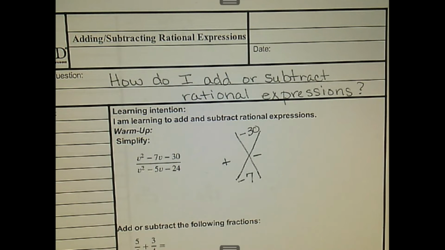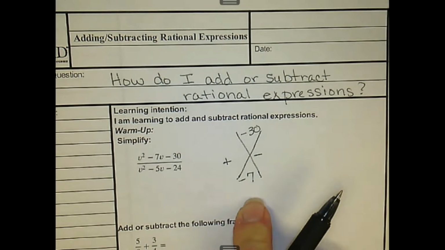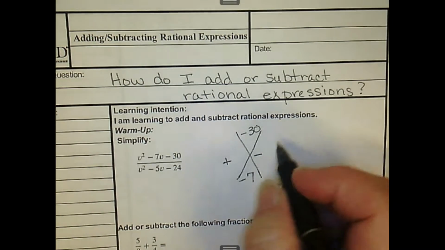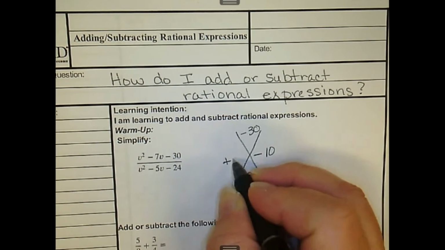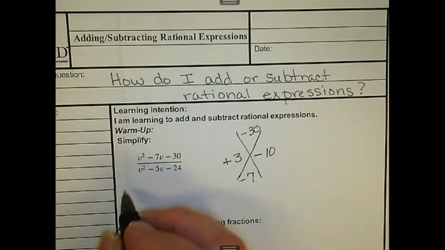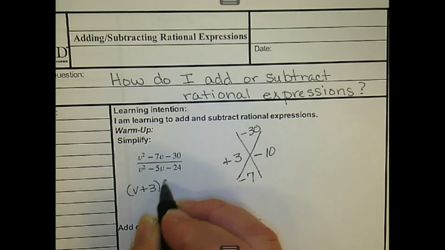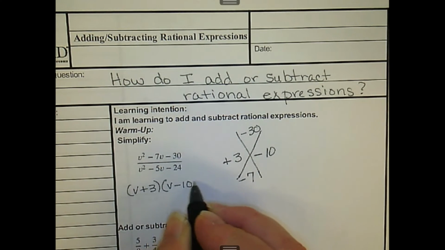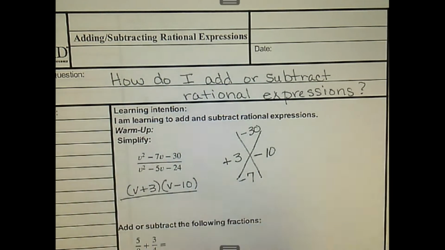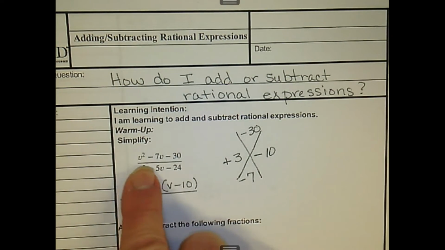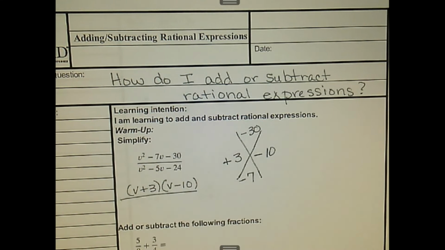Well, 1 and 30, nope. 2 and 15, nope. 3 and 10: 3 times 10 is 30, 10 minus 3 is 7. I want the 7 to be negative, so the 10 must be negative and the 3 must be positive. Those are the factors of v squared minus 7v minus 30.